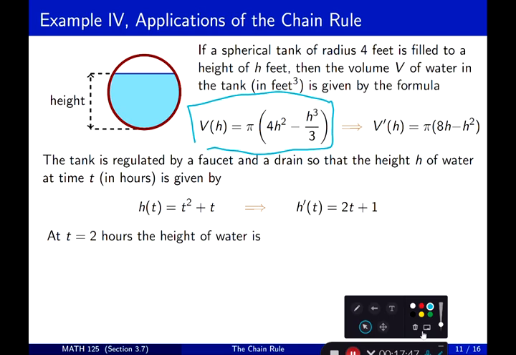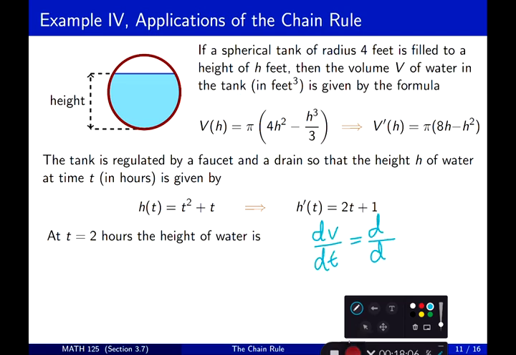So dV/dt is going to be equal to, according to the chain rule, dV/dh and then dh/dt.